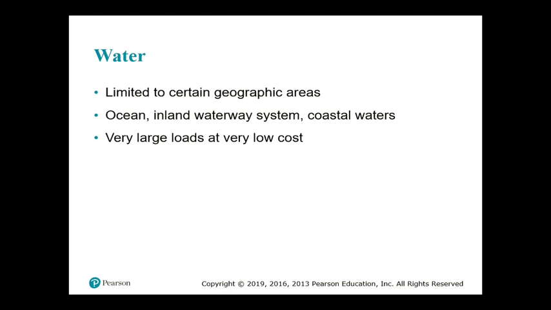The good part of water, so ships, is that the cost is extremely low, and you can also transport very large shipments on the ship. The downside is it's very slow. It doesn't have complete access to a lot of geographic areas.